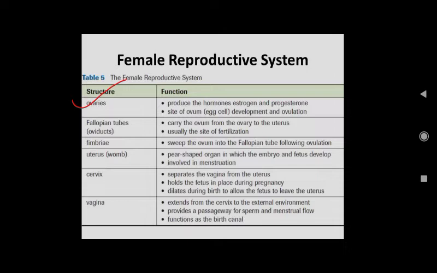Any idea what is the function of progesterone? I am asking students this question because we did the chapter Control and Coordination, where we have discussed the hormones and their functions. What is the function of progesterone?